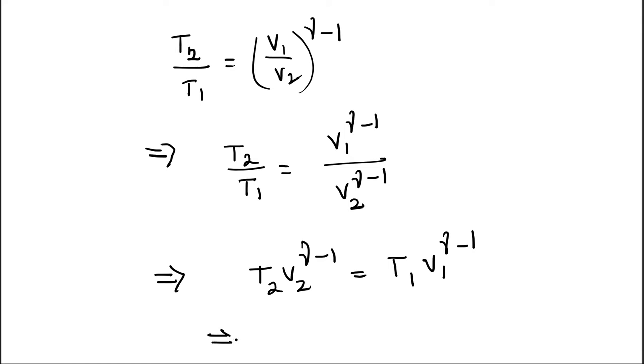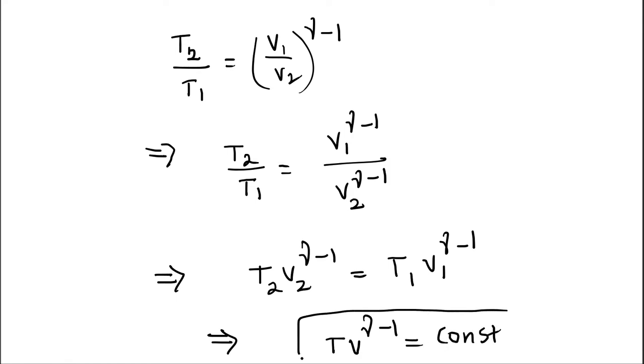So from this we can write T times V power gamma minus 1 is equal to constant. So basically TV power R over Cv equals constant. Why? Because R over Cv is equal to gamma minus 1.